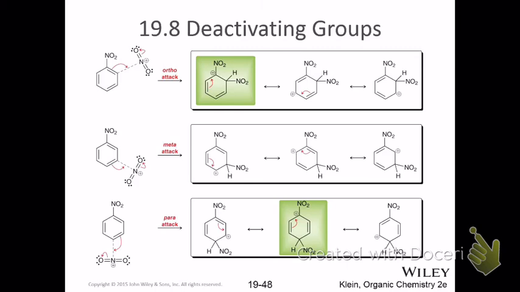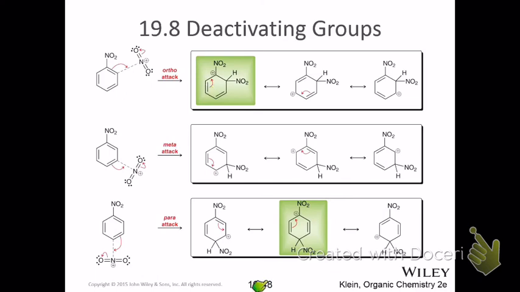Very unstable. Again, ortho-para addition always puts a positive charge at the substituent. It's the same as a meta-director. It's just that because this is an electron withdrawing group, it destabilizes this resonance structure.